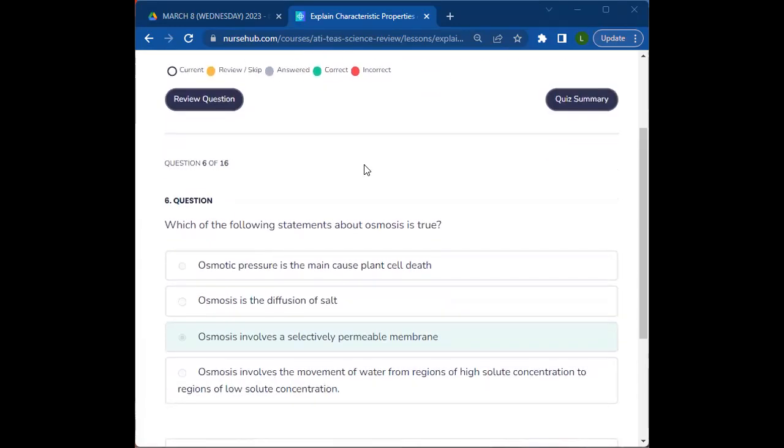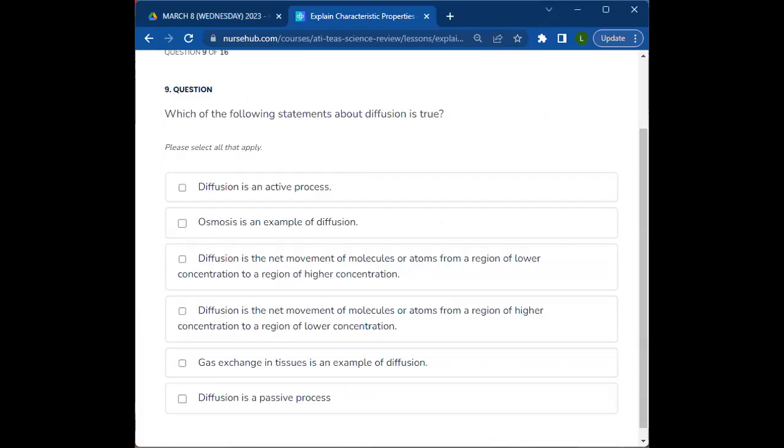Let's look at another question. I'll give you about 45 seconds to answer this next question, starting now.